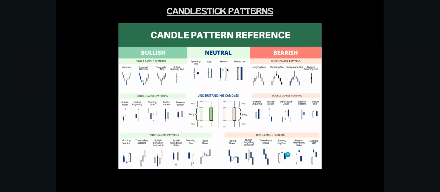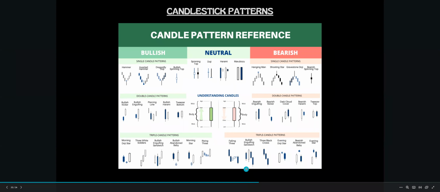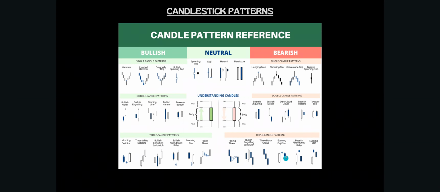Some of these terminologies are quite dumb. If you look at the evening doji star that I just showed you, and then you look at the bearish abandoned baby, it's the same thing. It's literally telling you pretty much the same story.